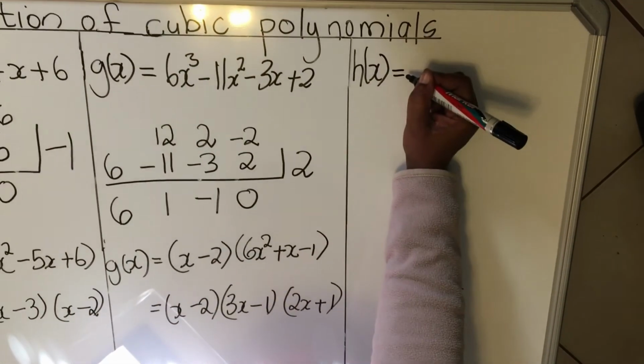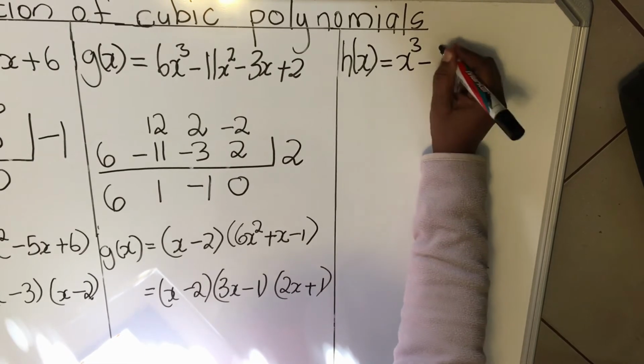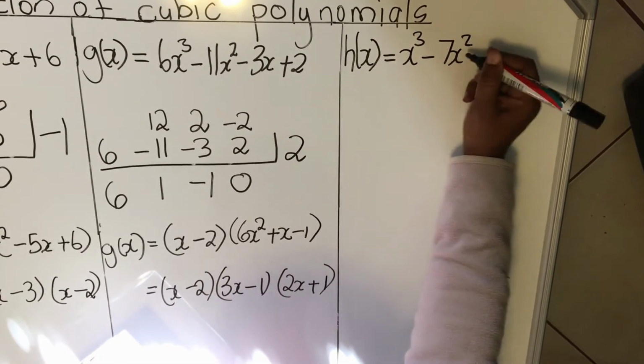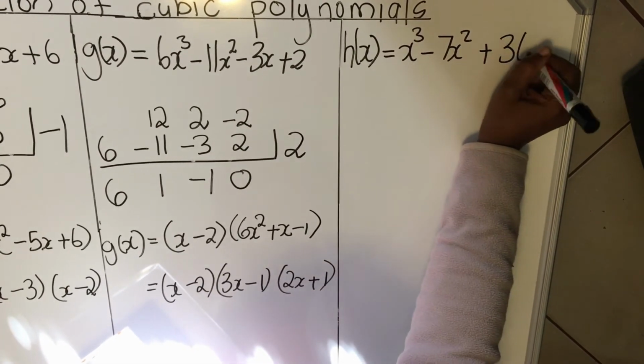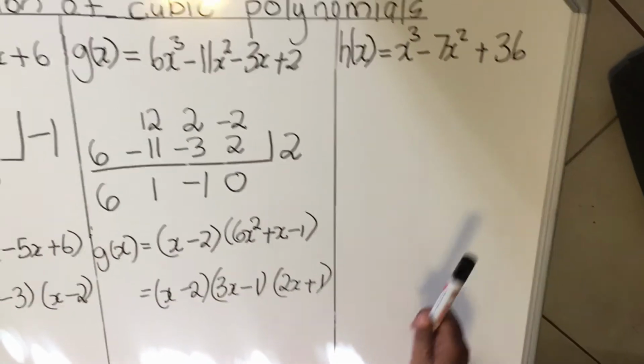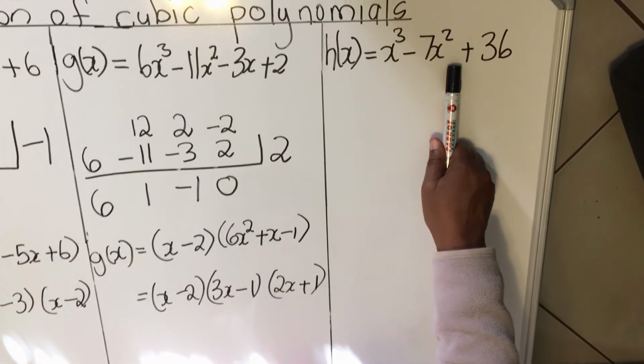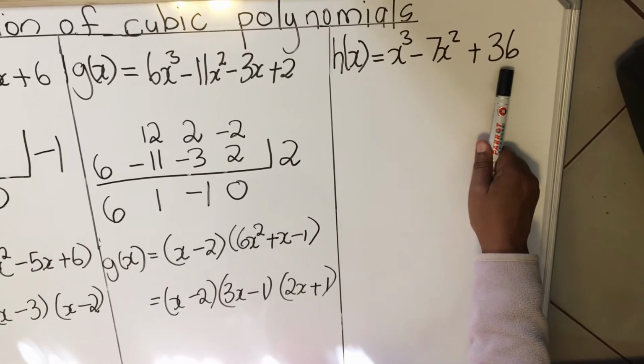h at x is equal to x cubed minus 7x squared plus 36. Now this one is slightly different. I am missing an x. I have an x cubed and x squared, I don't have an x, then I have a constant.